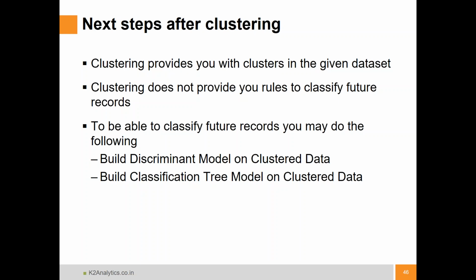You created some 4-5 segments. There are another 1,000 customers coming into your system. Where do you classify them? How do you classify them? Will you again run the clustering algorithm on them?